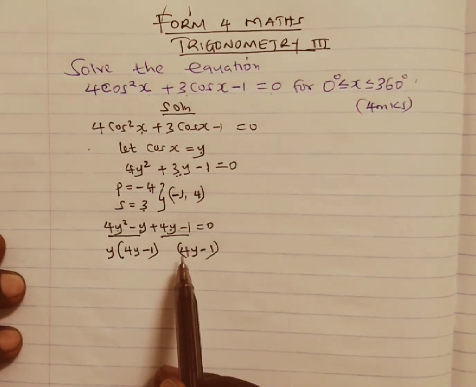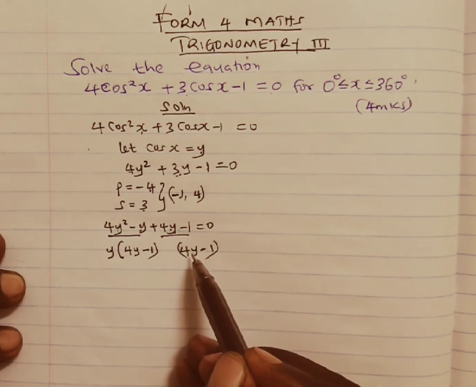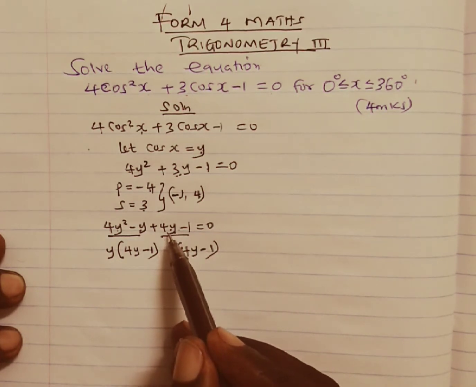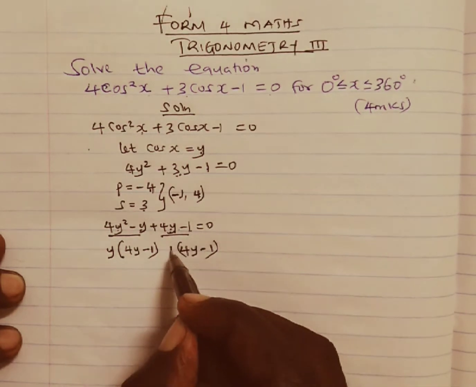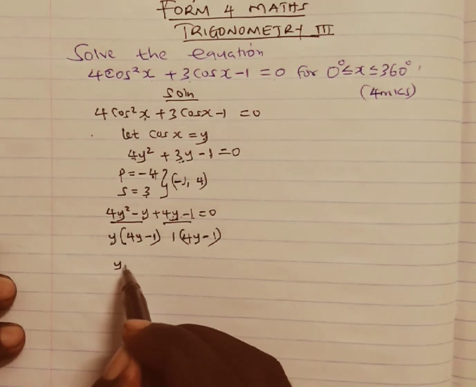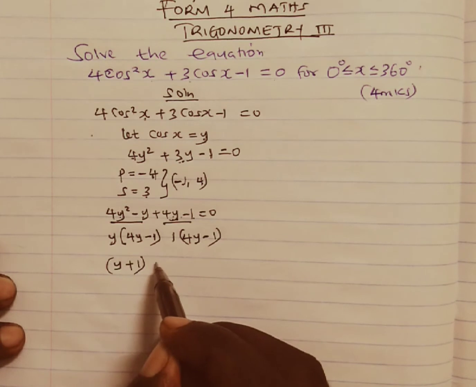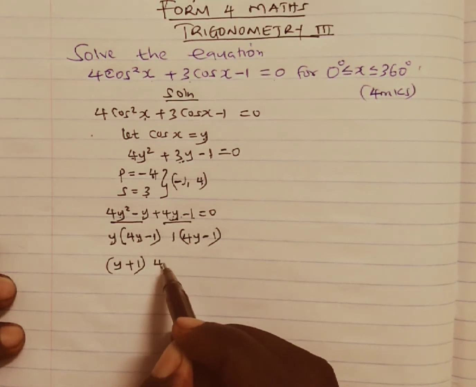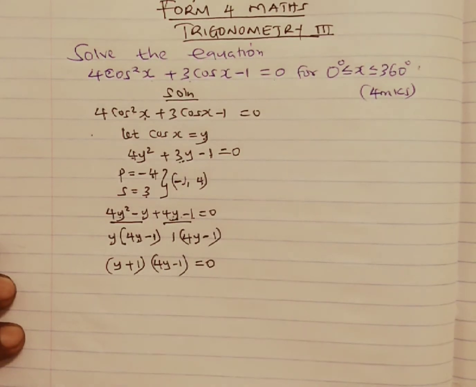To factorize this pair, we look at what is common between 4y and minus 1, which is 1. That gives us y plus 1. Then we pick one bracket since they are the same, so we have y plus 1 times 4y minus 1, equal to 0.